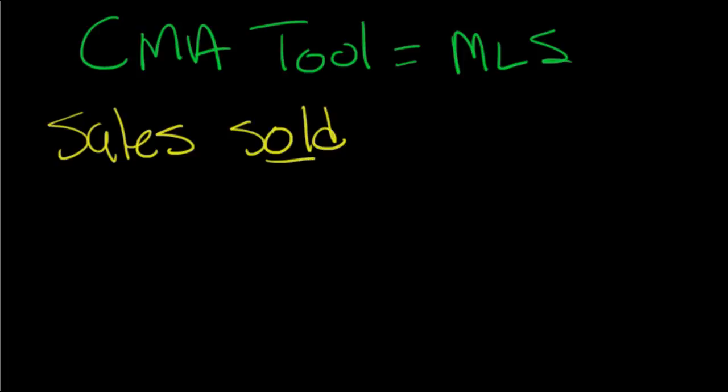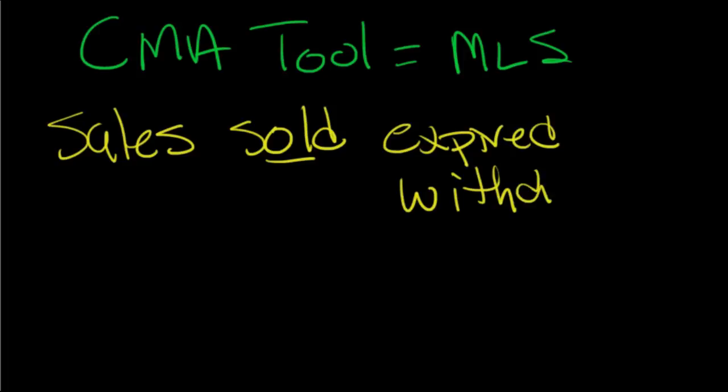It's not good enough that the property went on the market and maybe expired or was withdrawn. Of course, if that was the case, if they were expired or withdrawn, then whatever price they had is not relevant to the market value or the market price, as we spoke about earlier, because a buyer did not enter the market and actually buy during the time the listing was active. And if it was priced low enough, obviously they would have bought, if there was demand for it.